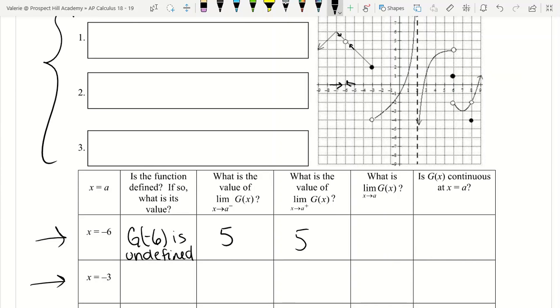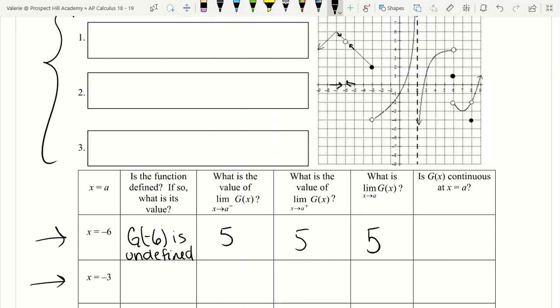Also 5. So what is the limit as x approaches -6 of g of x? That answer is 5, because the left and the right both approach the same value, and that value is 5.